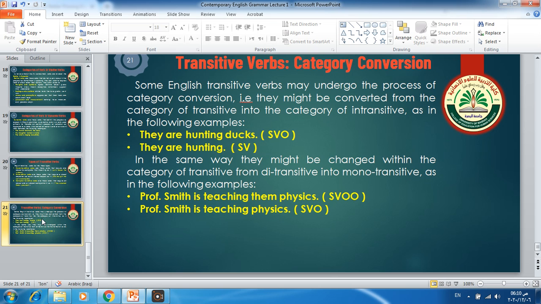The verb teach can be converted into a monotransitive. And if we do so, then we need only one object. Like when we say, Professor Smith is teaching physics. Okay? And the meaning is still acceptable, and it is complete.